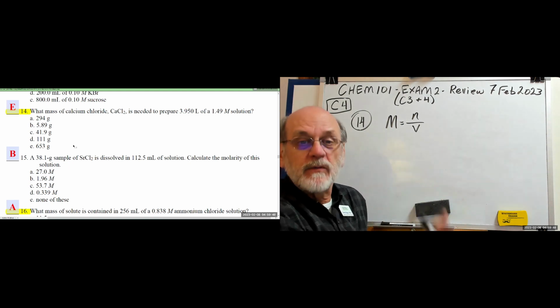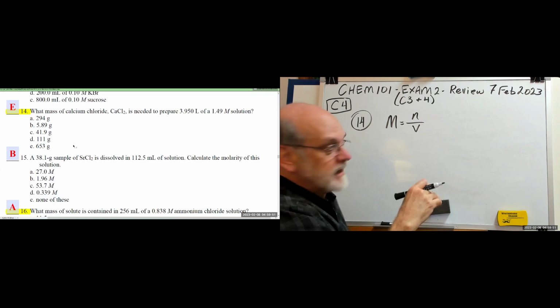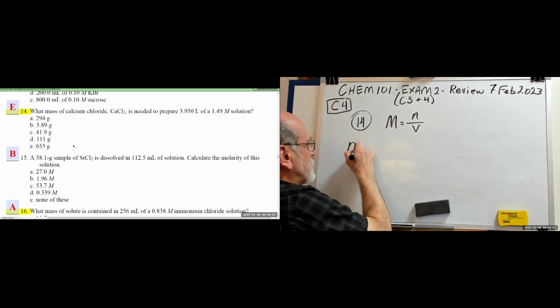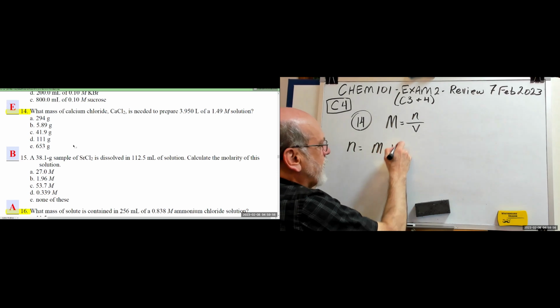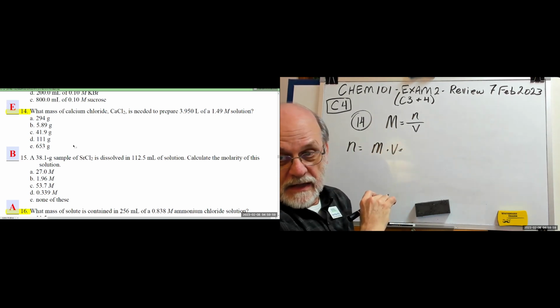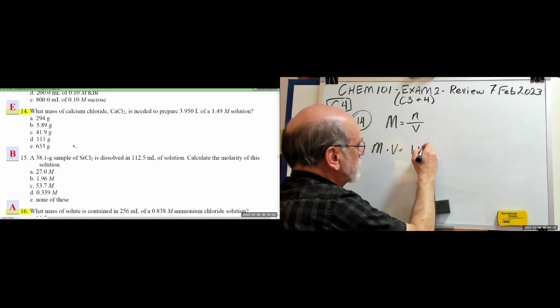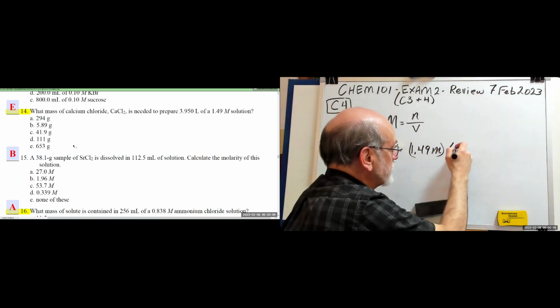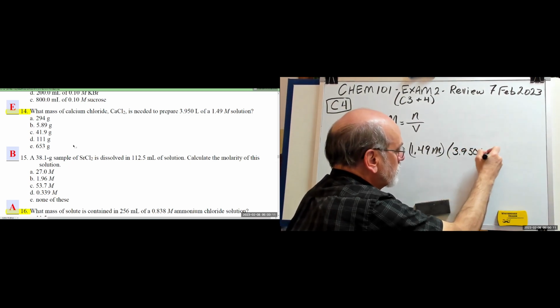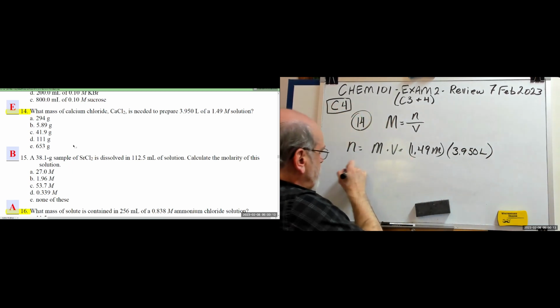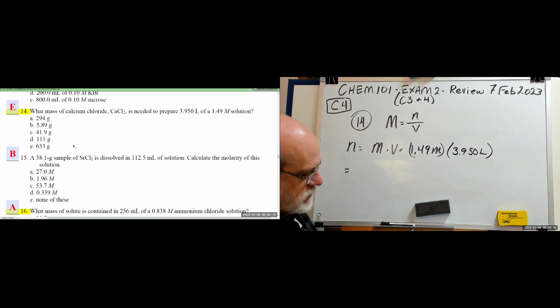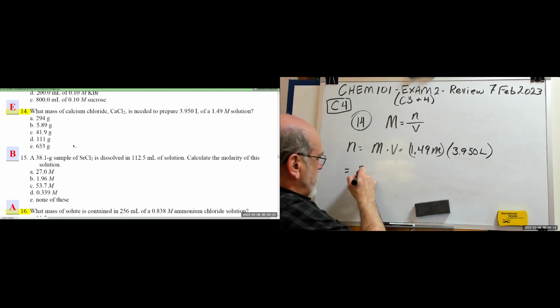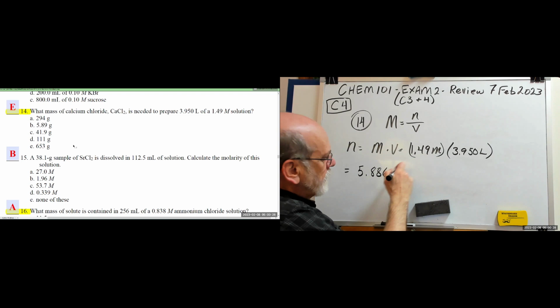We can get moles and then we can convert to mass. So if we solve for moles, that's molarity times volume, which is 1.49 molar times volume in liters, 3.950. And that's equal to 5.886 moles.